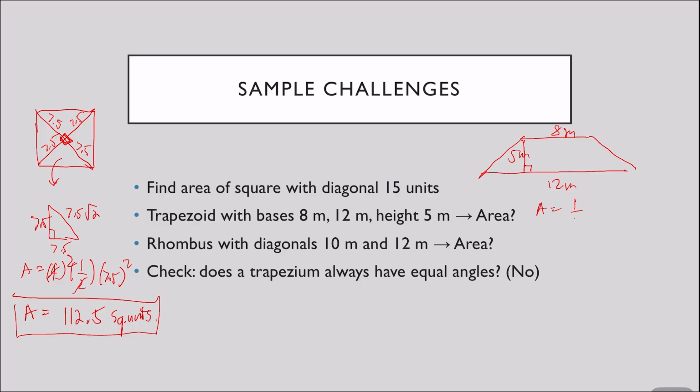Remember the formula, 1/2 times height times base 1 plus base 2. So 5 times 20, since 8 plus 12 is 20, divided by 2. Then your area is 50 square meters. That is our answer for the second bullet.